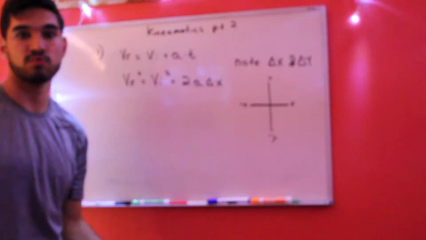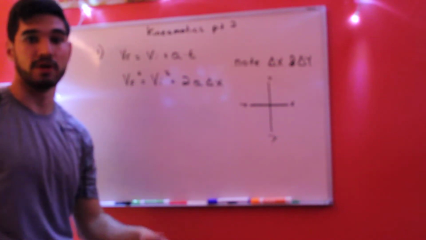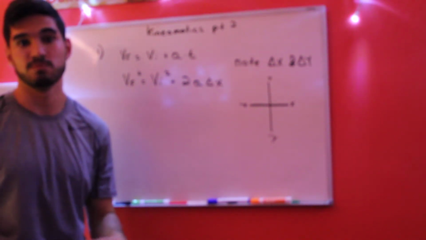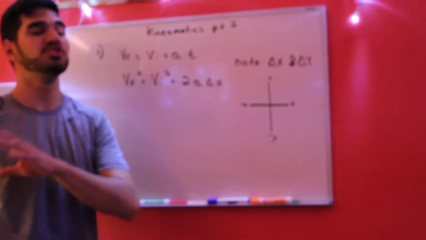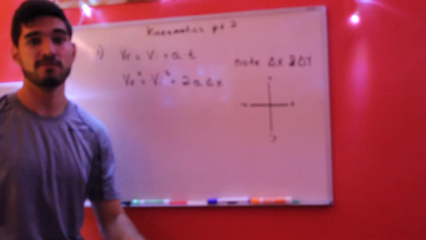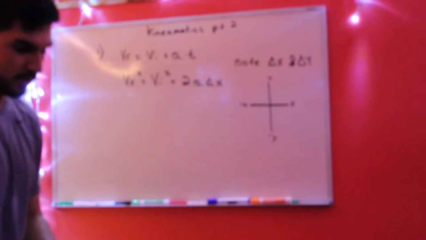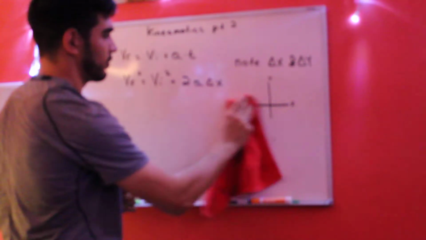And I just want to get you guys in the habit of breaking apart our vertical and our horizontal motion. That's going to be really key to you understanding these problems, is understanding that what happens in the x direction has 0 influence on what happens in the y direction, and vice versa. They're 2 different things. They are literally apples and oranges. Okay? Now, I'm just going to erase this just to free up some board space.